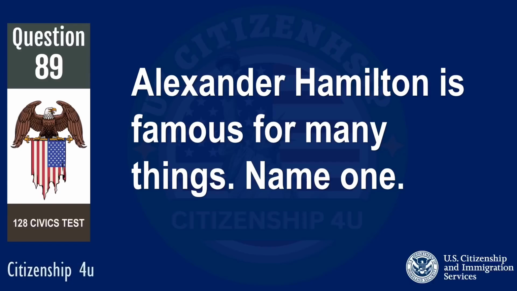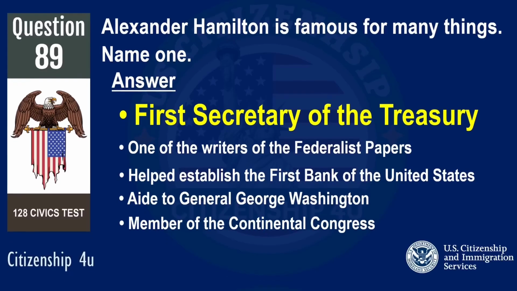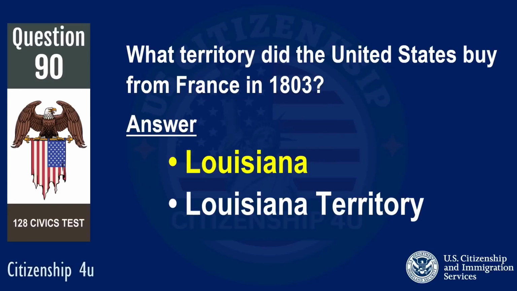Alexander Hamilton is famous for many things. Name one. First Secretary of the Treasury. What territory did the United States buy from France in 1803? Louisiana.